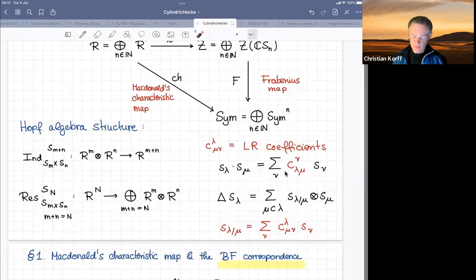And you might know this if you are on top of your game with Schur functions, that the skew Schur function can be rewritten in terms of normal Schur functions by using the Littlewood-Richardson coefficients. So if I would plug this expansion into the coproduct, you would see, right, that you would get by this coproduct the same structure constants as you would get from the product. It's just that the indices have been permuted.